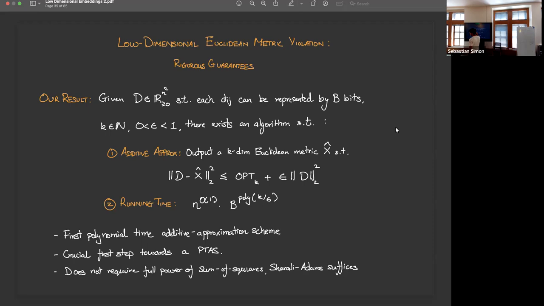For constant many dimensions, that is what this paper of Dhamdhere is about; it conjectures that it is possible to get a PTAS, and we don't know how to do this. It's also open to get a constant approximation.